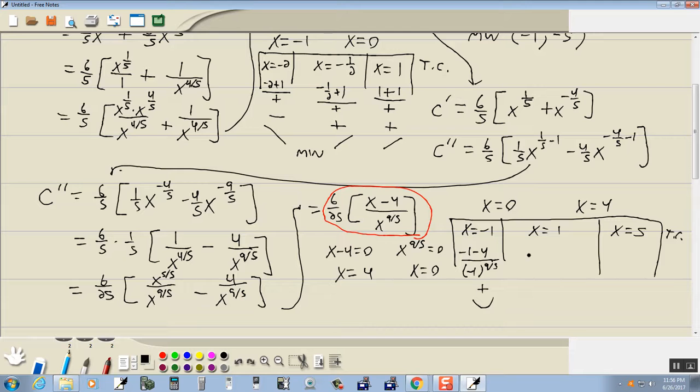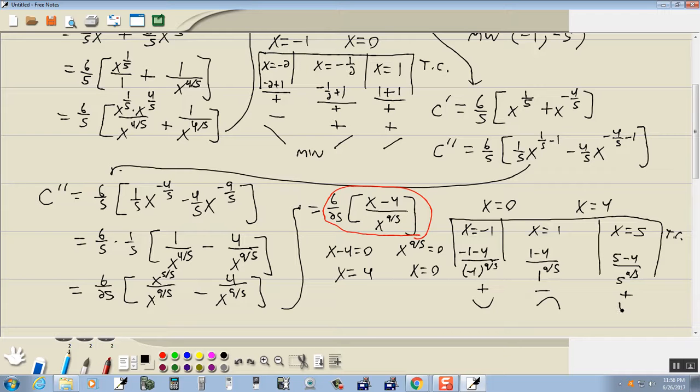Now if I plug in 1, I got 1 minus 4 over 1 to the 9/5 power. 1 minus 4 is negative, and 1 to the 9/5 is positive. Negative divided by positive is negative, so this is concave down. Now if I plug in 5, 5 minus 4 over 5 to the 9/5 power, this is positive. 5 minus 4 is positive, 5 to the 9/5 power is positive.